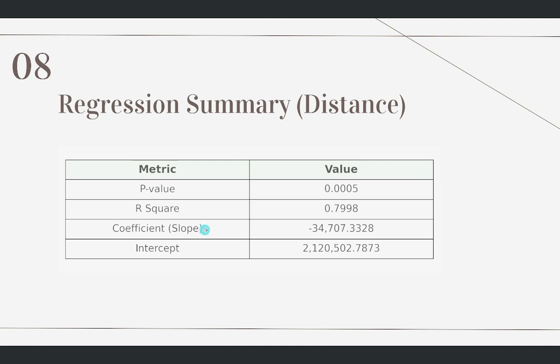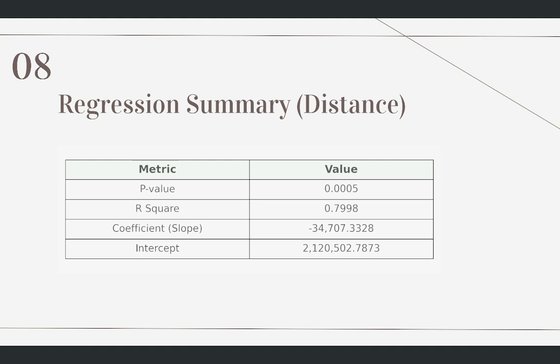The slope means that for every extra kilometer from the CBD, the house price decreases by around $34,700. The intercept is the estimated price of a house located at 0 kilometers from the CBD, for example right in the city center.